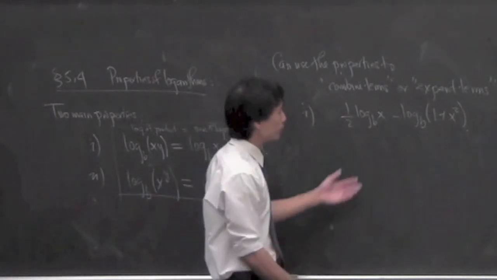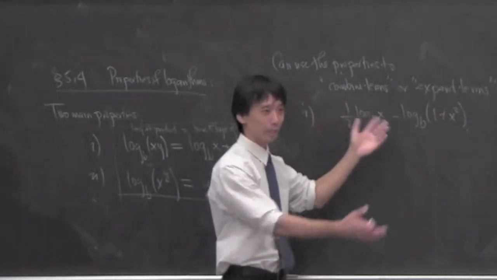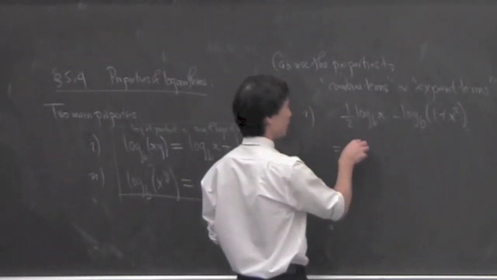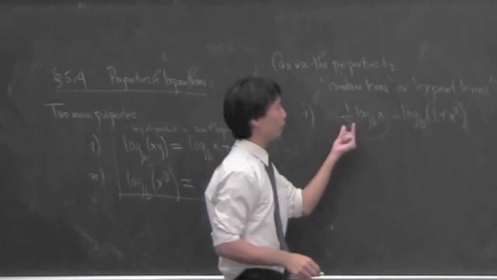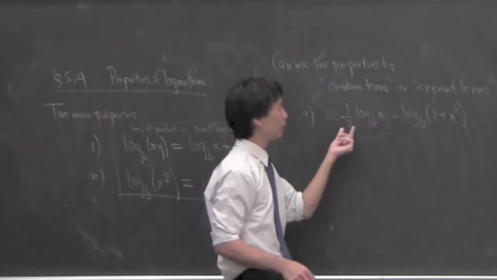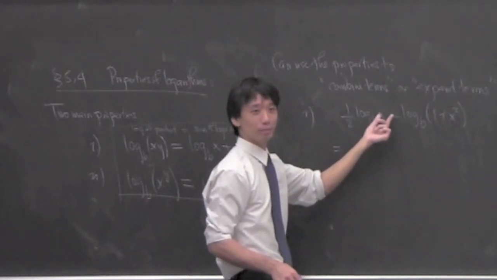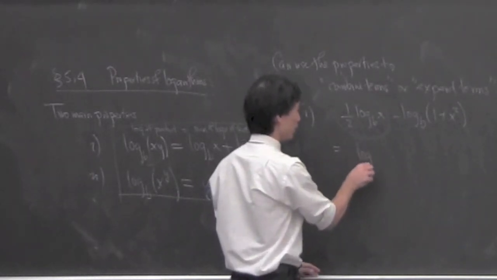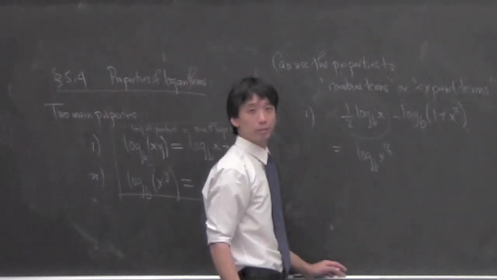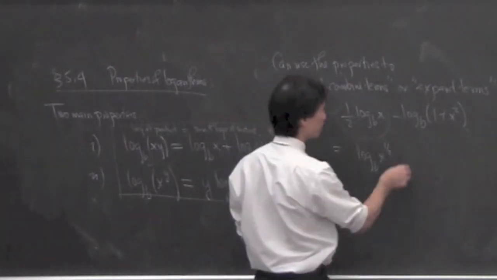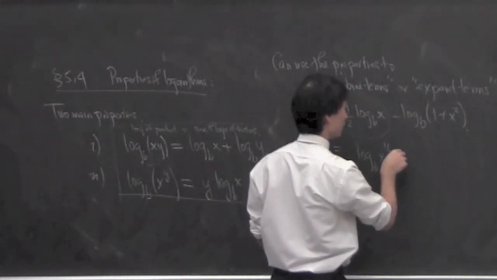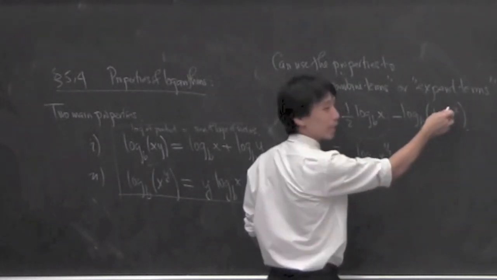Well, just for the heck of it, we're going to combine everything into one term. Let's rewrite this guy. We've got 1/2 times log base b of x. Well, we can put the 1/2 back in. So this is log base b of x to the 1/2. Again, if we feel like it, we don't have to think of it this way. We could put the minus sign back in.